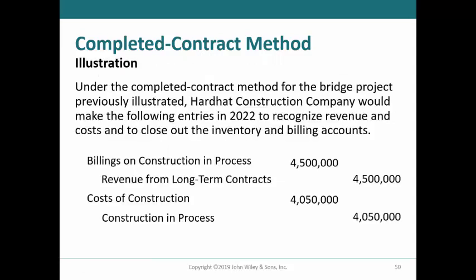Using the completed contract method, hard hat would debit billings on construction in process and credit revenue from long-term construction contracts for $4,500,000, and debit cost of construction and credit construction in process for the $4,050,000 in cost when the contract is complete in 2022.